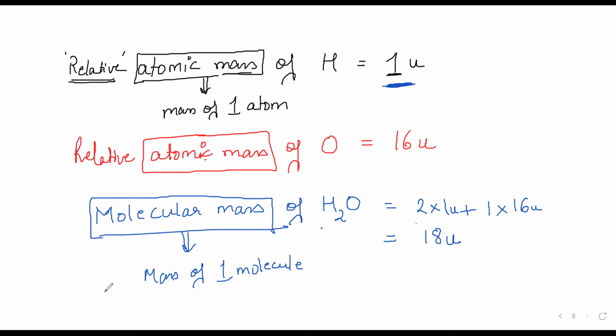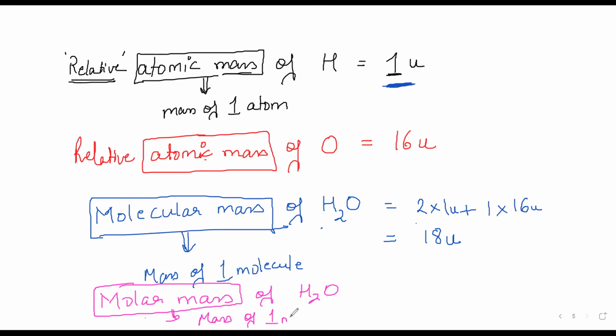So over here, now if I change my terminology and I say molar mass of water, as the term molar mass suggests, molar mass is the mass of 1 mole of the substance.